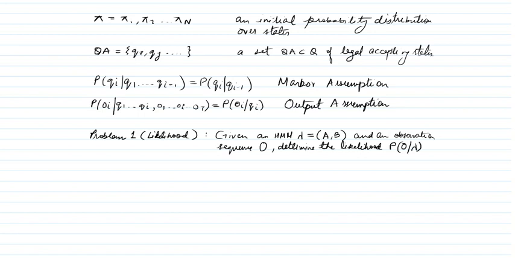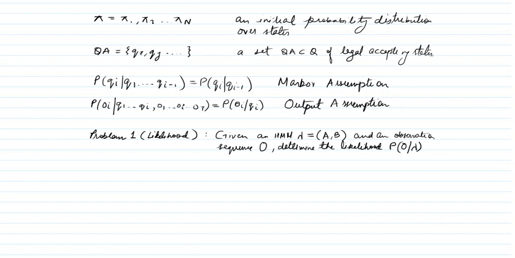So we have some settings, the transition and emission probabilities of a hidden Markov model, and we are given a sequence O. We need to find the probability of that sequence, or the likelihood of that sequence.